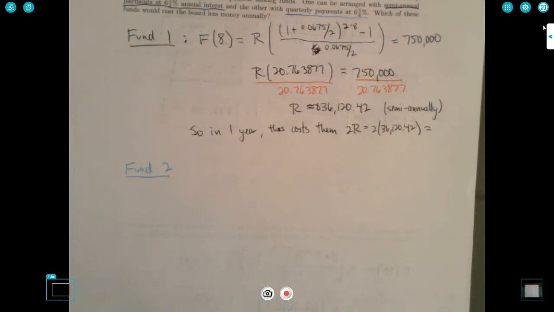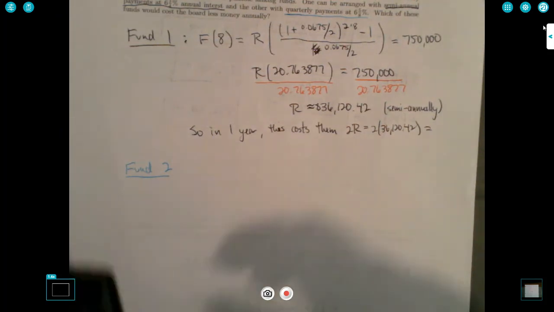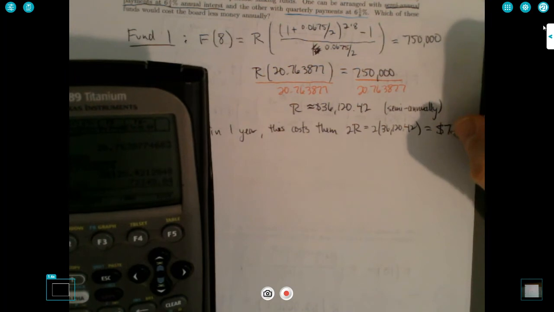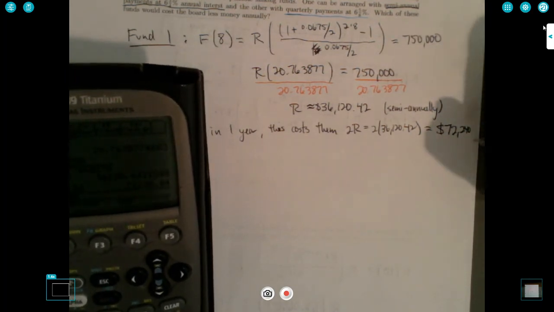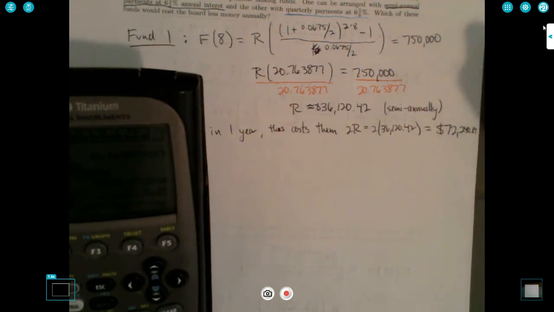I'm going to say 2 times 36120.42 is $72,240.84. And I'm almost out of room on the page, but there you go.